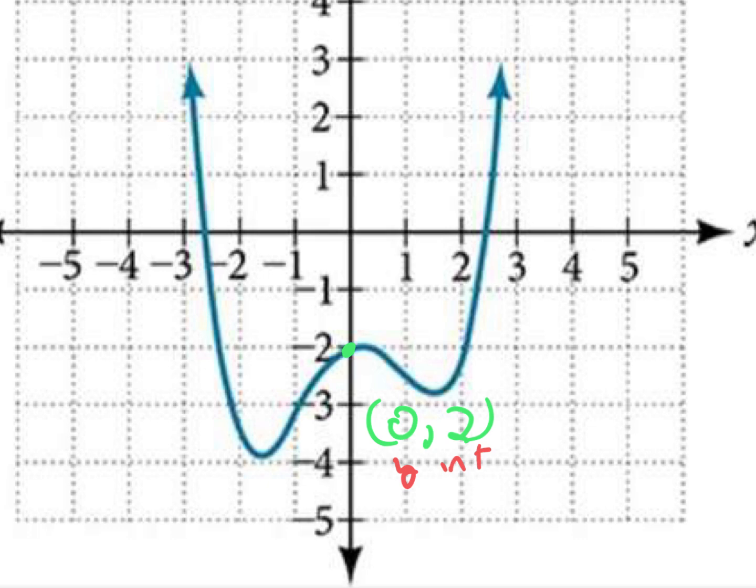I don't know what this number is there, but there's at least 2 real x-intercepts. Well, if they're an intercept, of course they're real, right? But what I was really referring to is two real solutions.